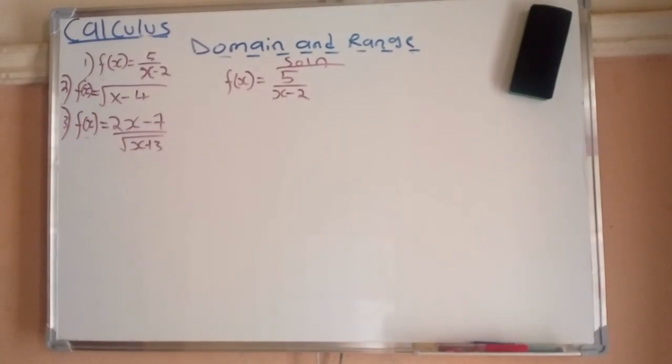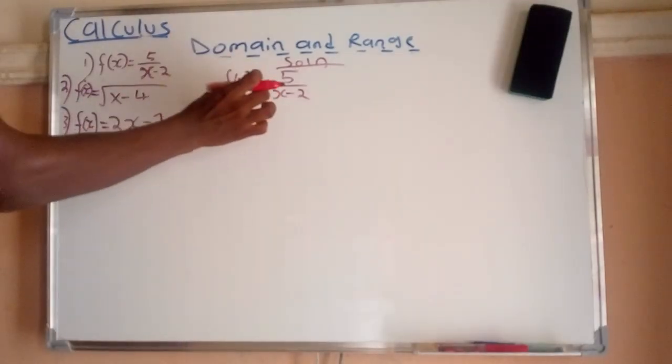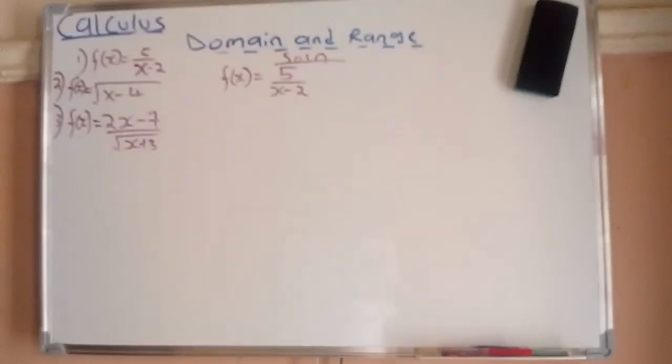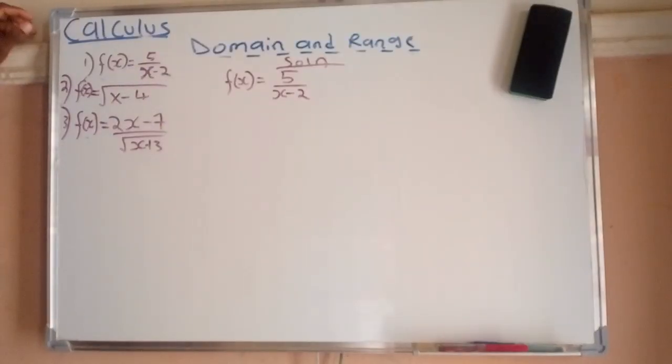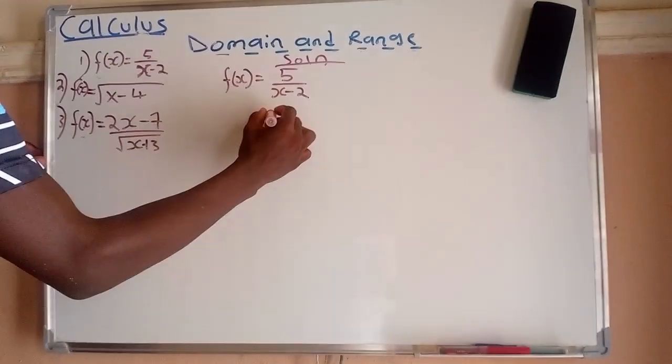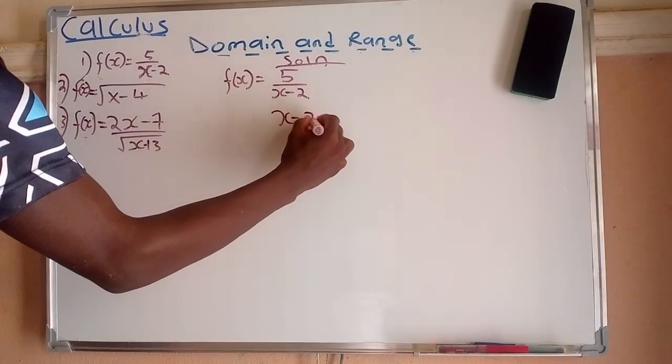Let's see the first question. Say f of x is equal to 5 over x minus 2. What's the domain of this function? The first thing to do is to consider the denominator, which is x minus 2.